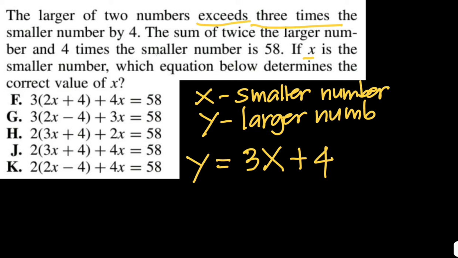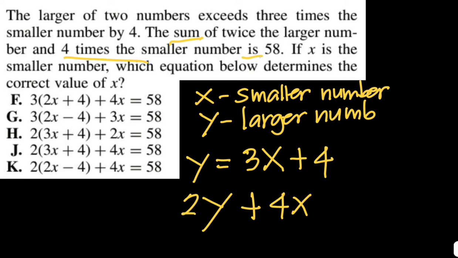Then our second equation would be the second mathematical sentence. It says here that the sum of twice the larger number, so twice the larger number, which is y, then sum, we add, and 4 times the smaller number, so 4 times x, is equal to 58.